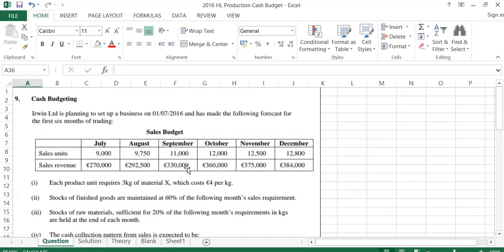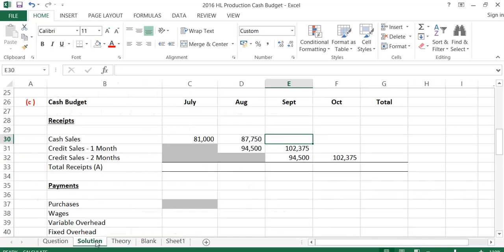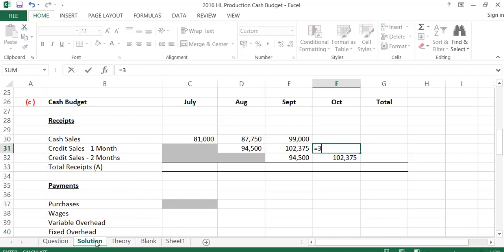September, my total sales are 330,000, so 330,000, and 30% of those are for cash, and then 330,000 by 70%, 70% of them are for credit, and of that 70%, I get half in 1 month, 50% of it.